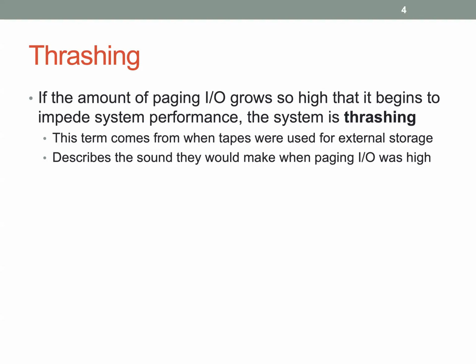So you basically see that every process is, A, faulting, and B, causing other processes to fault. And this basically means that the whole system slows to the speed of molasses on a cold winter day, because every process is now running at the speed of the disk.